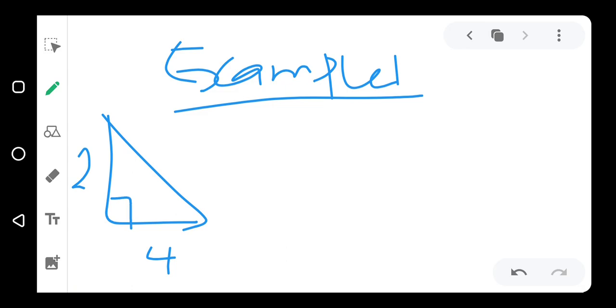Now, anytime you see this sign in a triangle, it means that the angle is 90 degrees. It has a pointed face. It is called a perpendicular sign.